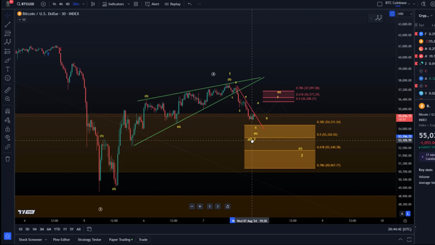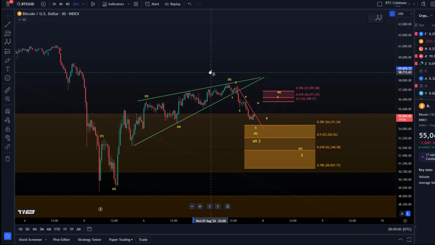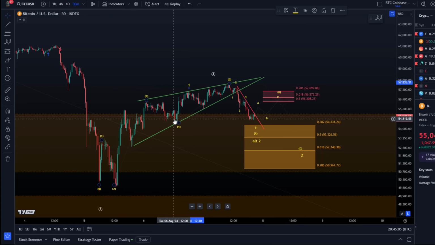Now, in an alternative perspective, it is possible that if this goes down low enough, maybe to the 50% fib level or the 61.8 fib level in a direct fashion, then all of wave 2 could finish here. And we won't need that larger 3-wave move. That would be an alternative, because I could say maybe wave 1 topped here, right?